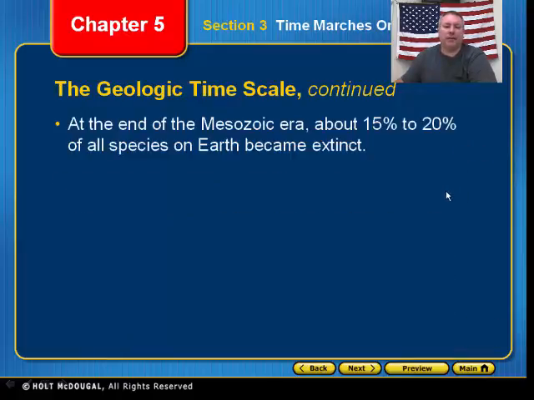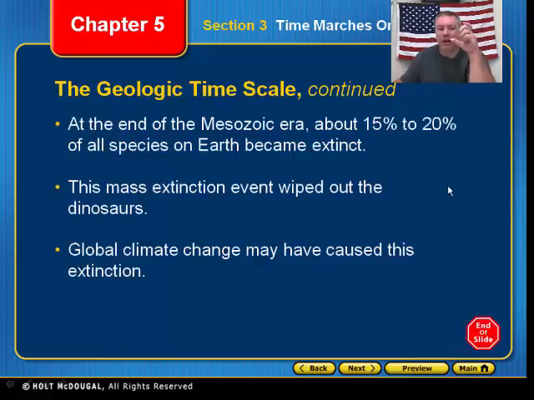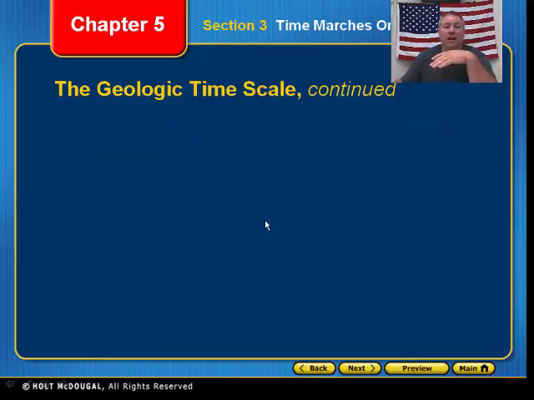Now, at the end of the Mesozoic era, about 15 to 20% of all species on Earth became extinct. In that mass extinction event, we think there had to have been a global climate change that caused those reptiles to die off. Now, was it from a comet? We don't know, but something changed the climate of the Earth that caused those reptiles to die off.